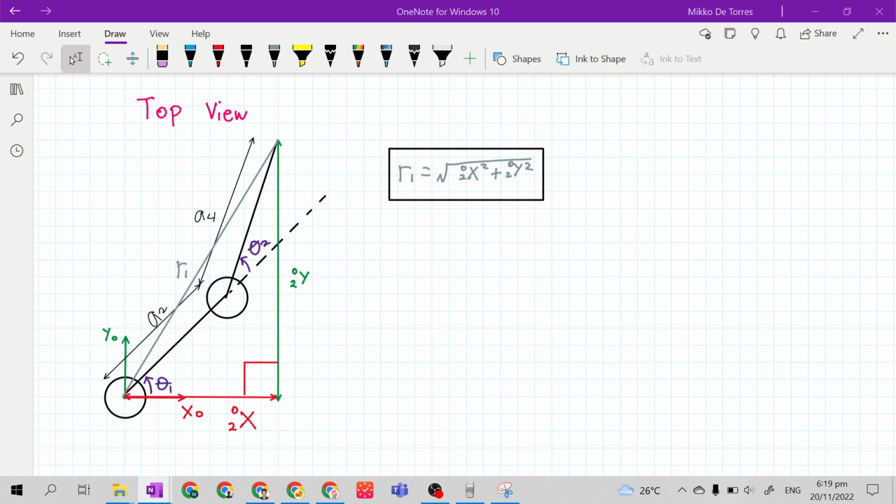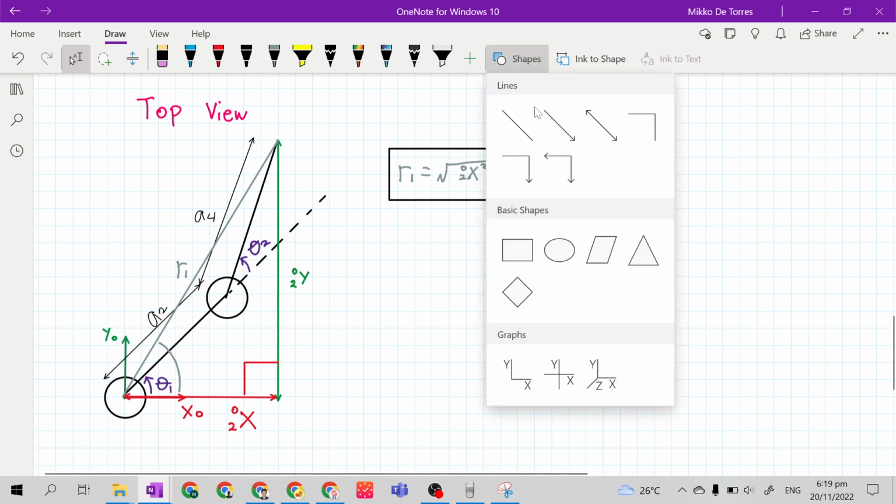We have an angle down here because this is a right triangle. Of course, there is an angle opposite to y02.